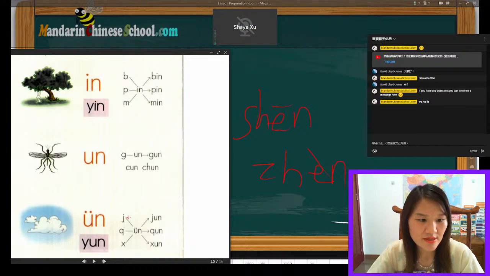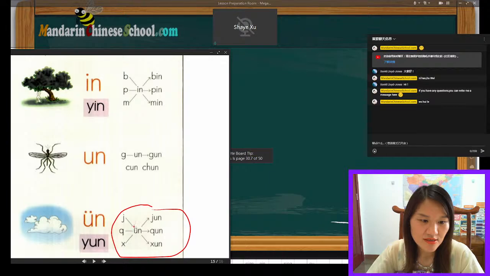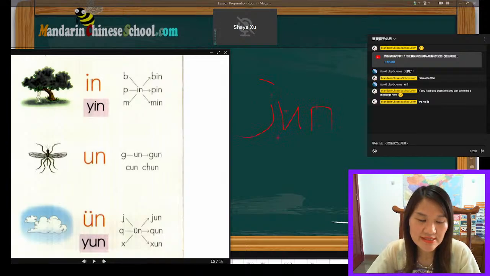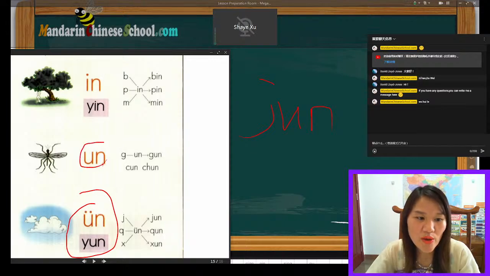This one I think it's easy, and this one the same. 机器西 So 机器西 when you see this, it's actually pronounce a U sound, right? 机晕君晕 we pronounce this 晕晕 This is a wing. This is a in.